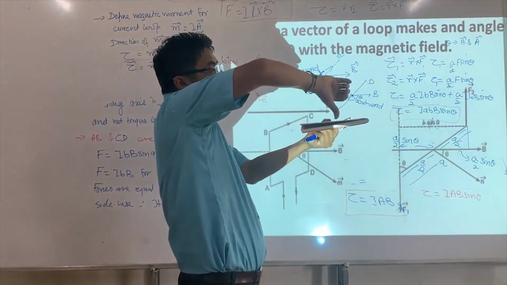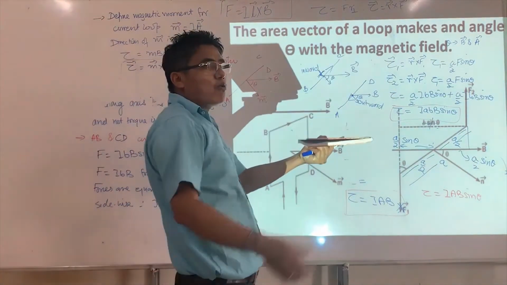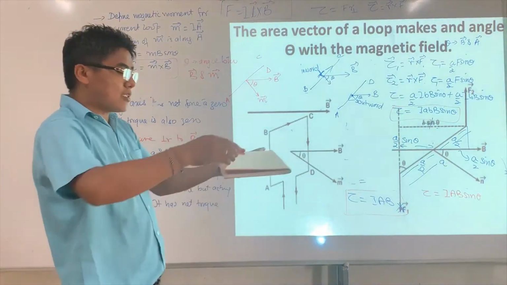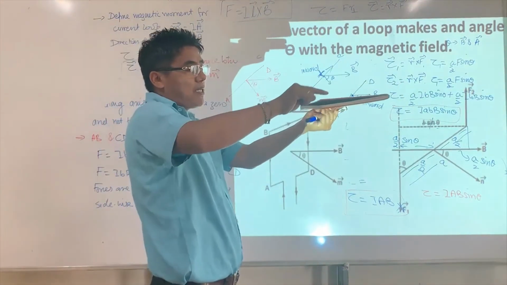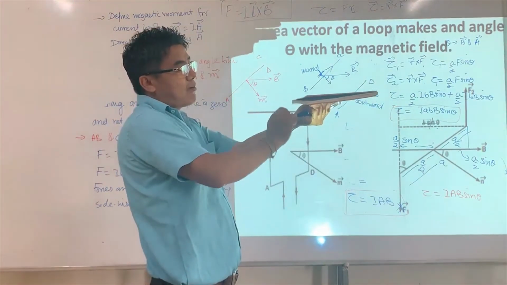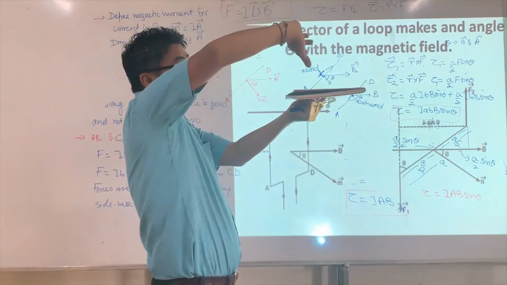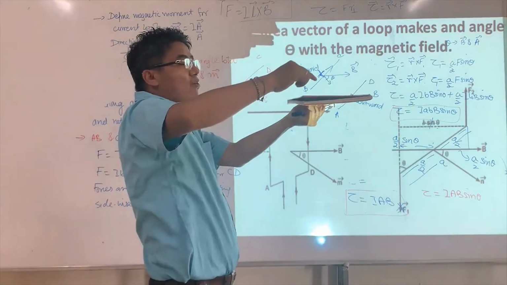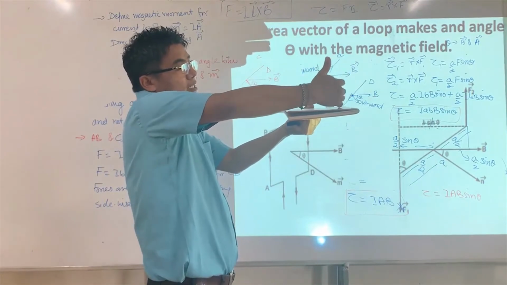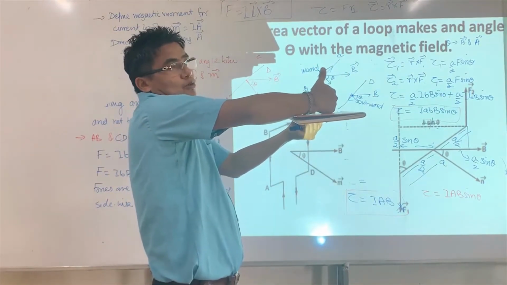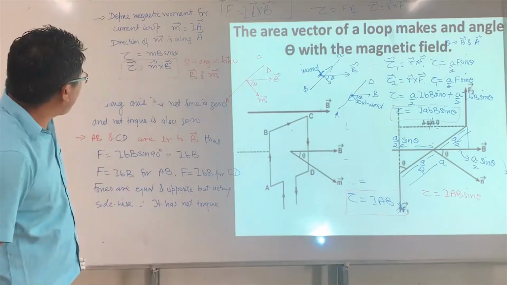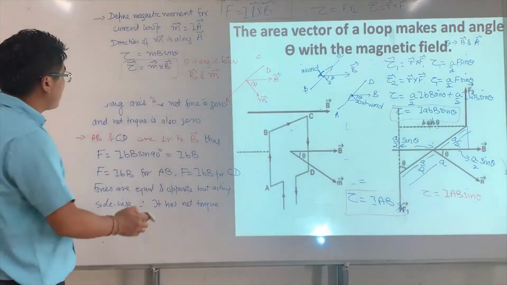If current goes in the opposite direction, anti-clockwise, then the direction of magnetic moment is upward. So this is how you determine the direction of magnetic moment, right?